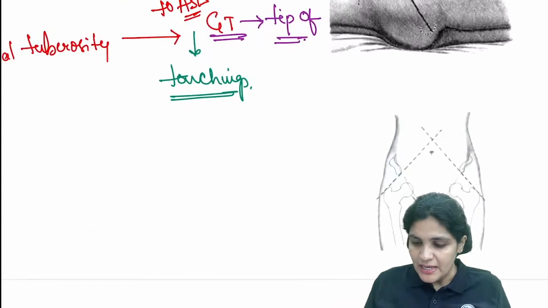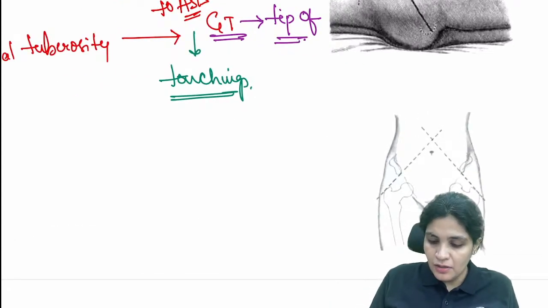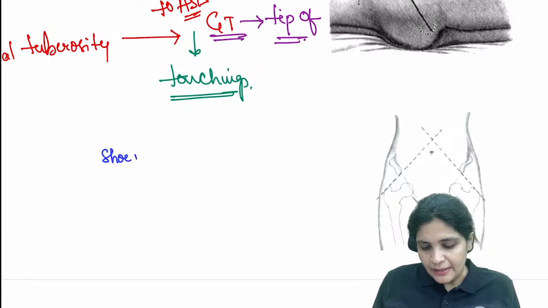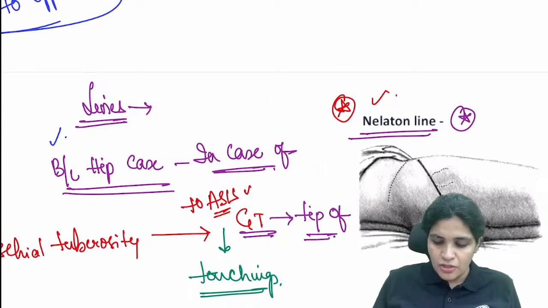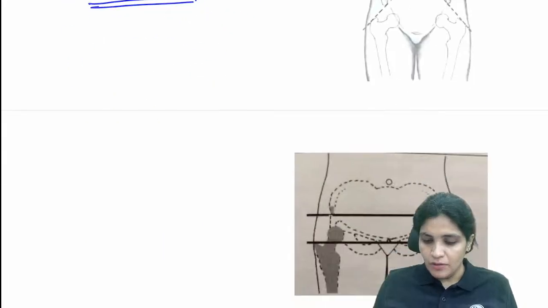Touching the tip of the GT. Then what is this? This is your Shoemaker's line. So first is Nelaton's line, the second one is Shoemaker's line. What is Shoemaker's line?